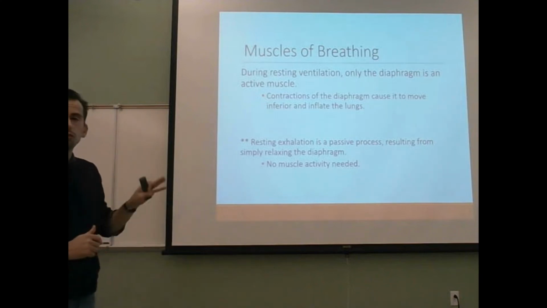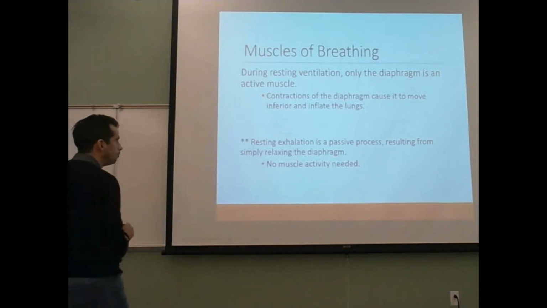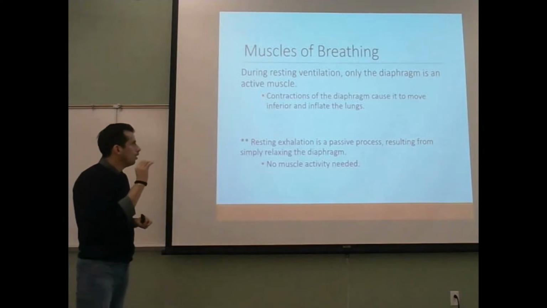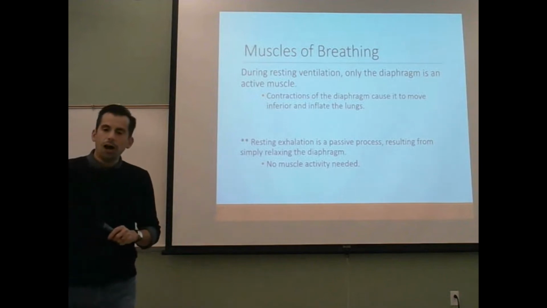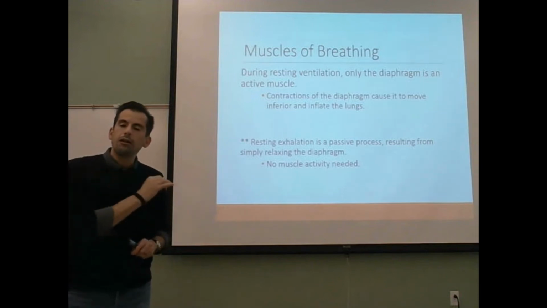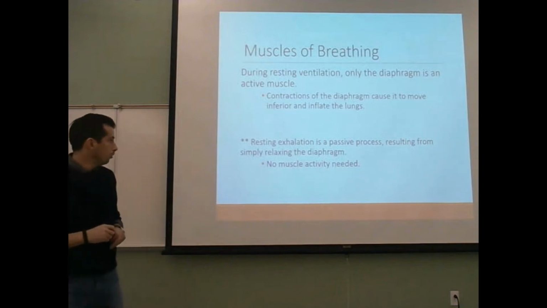Resting inhalation is only a diaphragmatic activity. When we contract the diaphragm, it's going to dramatically change the volume of the rib cage and ultimately change the volume of the lung tissue inside.